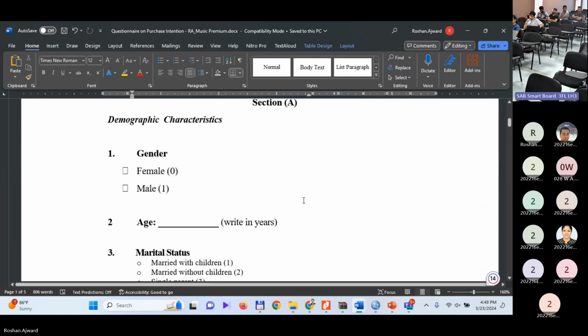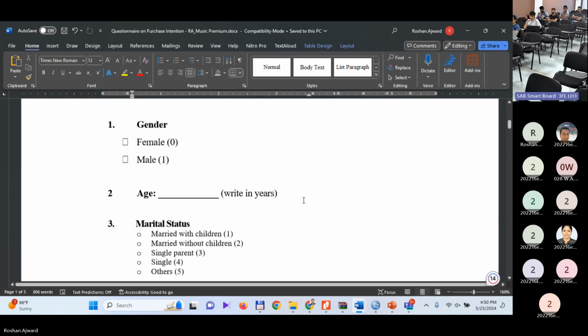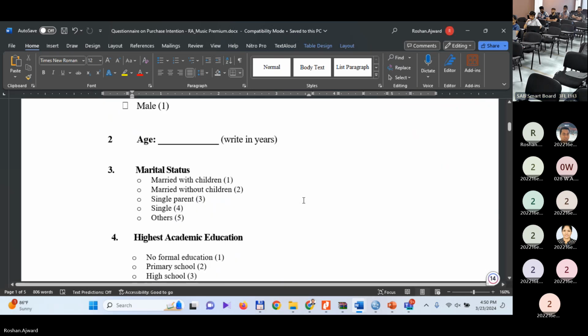How many groups do we have? Then marital status, how many groups do we have? Two, married and unmarried? No. We have five.